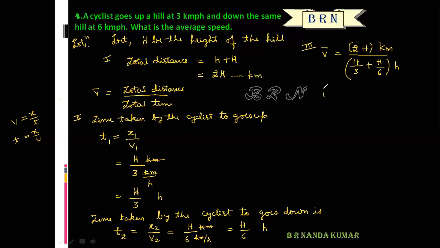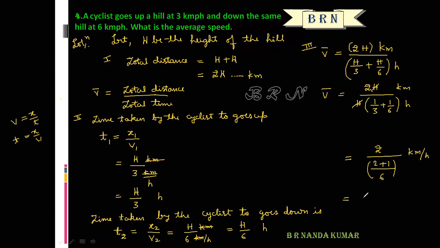So average speed is equal to 2H kilometer divided by H taken as common here, 1 by 3 plus 1 by 6 hour. So H cancels. So 2 divided by, what is the LCM? LCM is 6. 3 ones are 3, 3 twos are 6, so 2 plus 1 is 3 by 6.